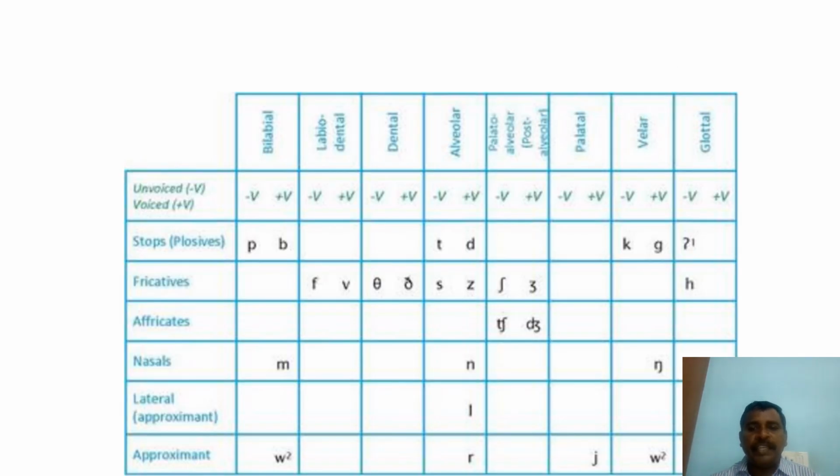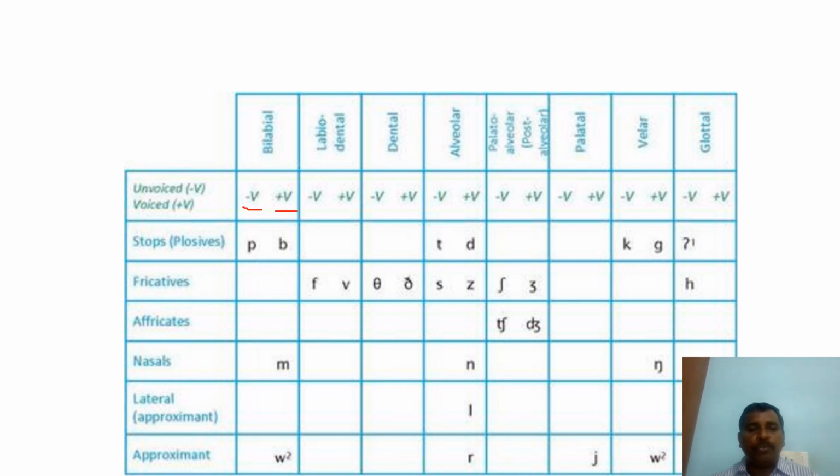What you see here is a consonant table. It should be there in the Daniel Jones dictionary. Here all English sounds are categorized as voiced and voiceless. Here this is voiceless, and this is voiced.